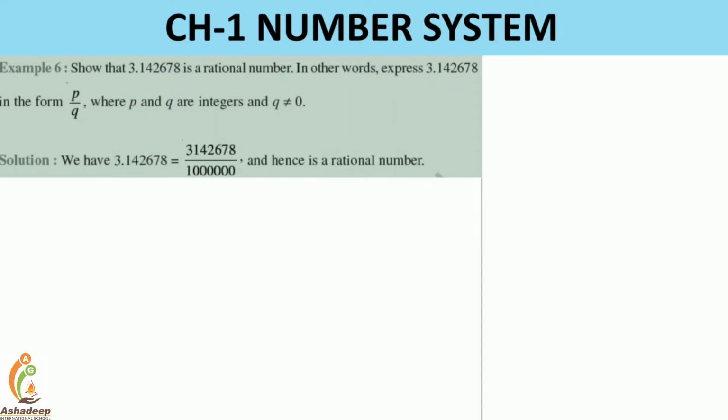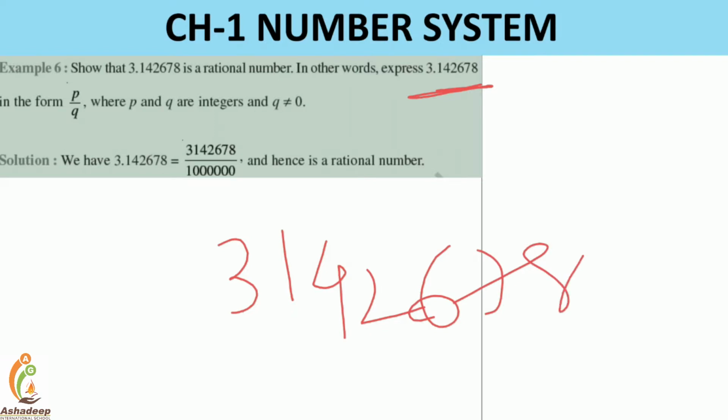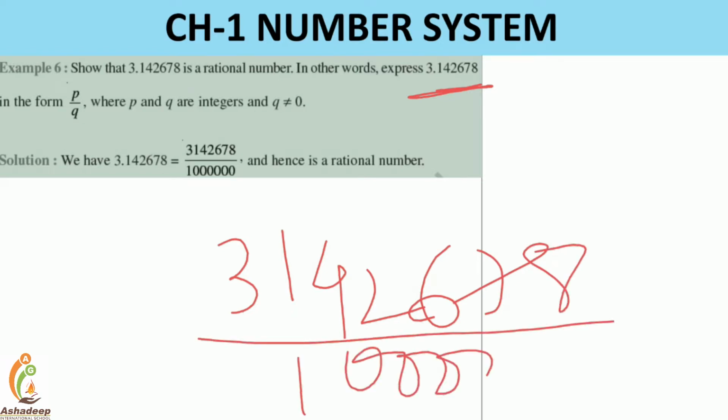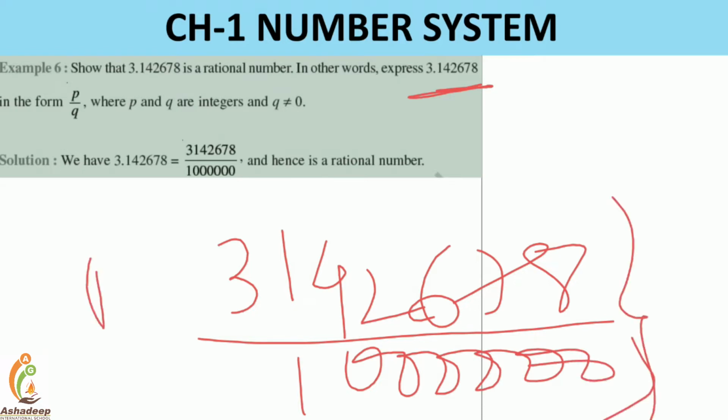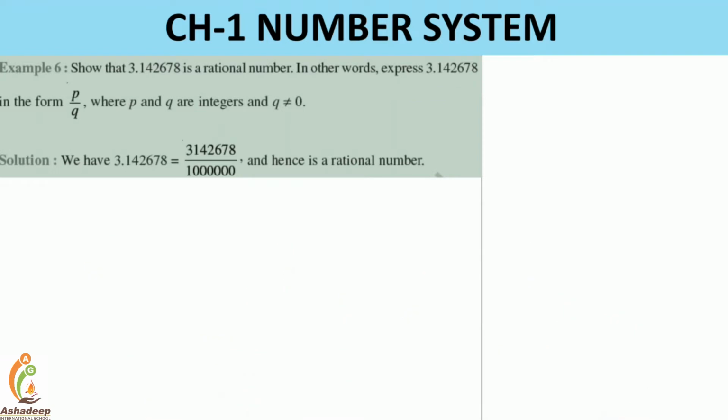So it is divided by 1 followed by 6 zeros. This is in the form of p by q, where q is not equal to 0, right? It is that simple.